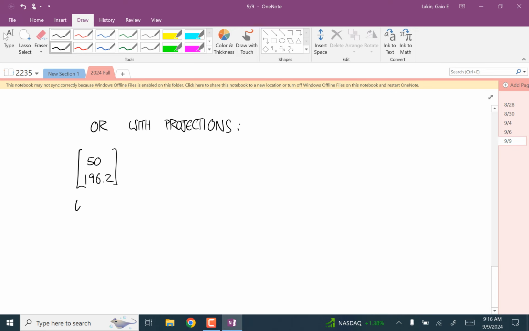So a unit vector parallel to the surface. It doesn't matter which, you can do it with either one of the two vectors parallel to the surface.